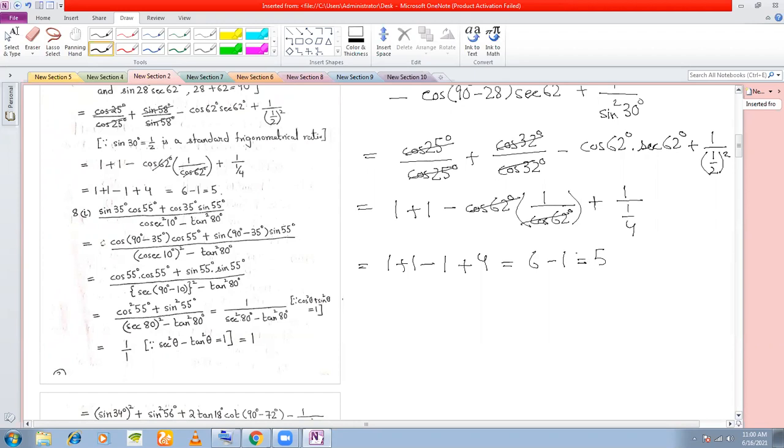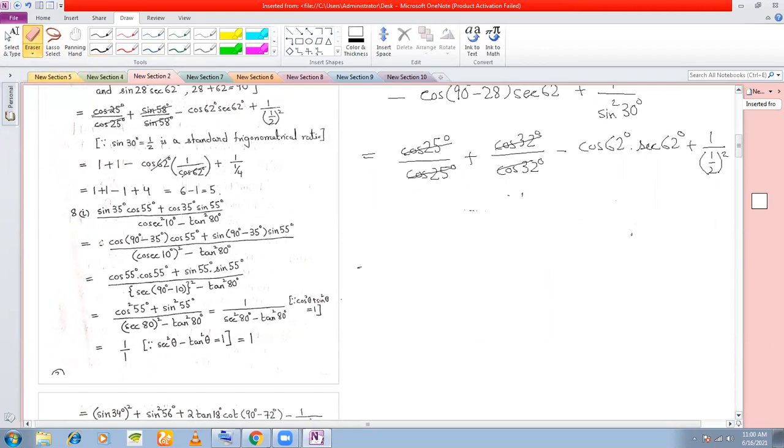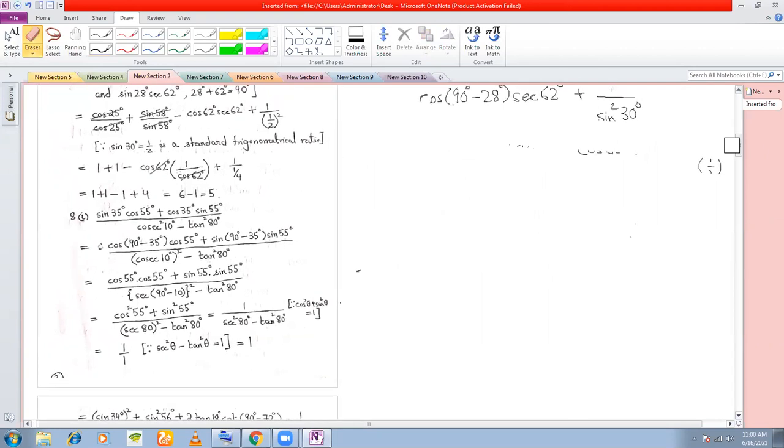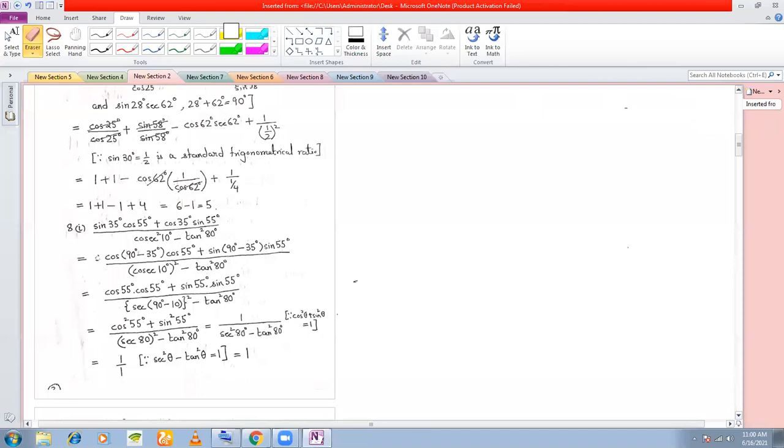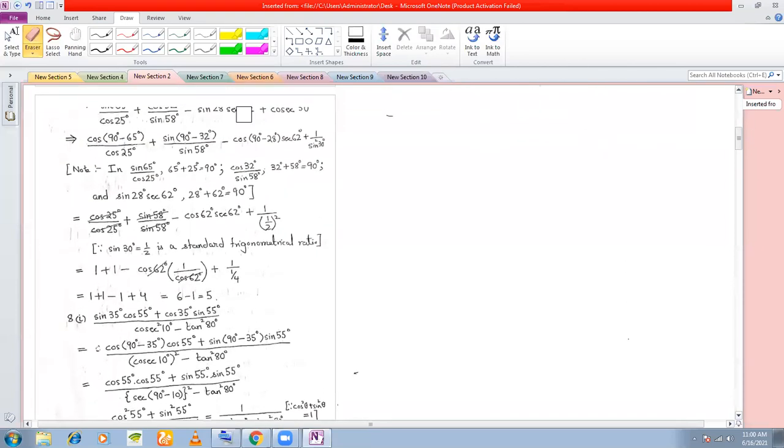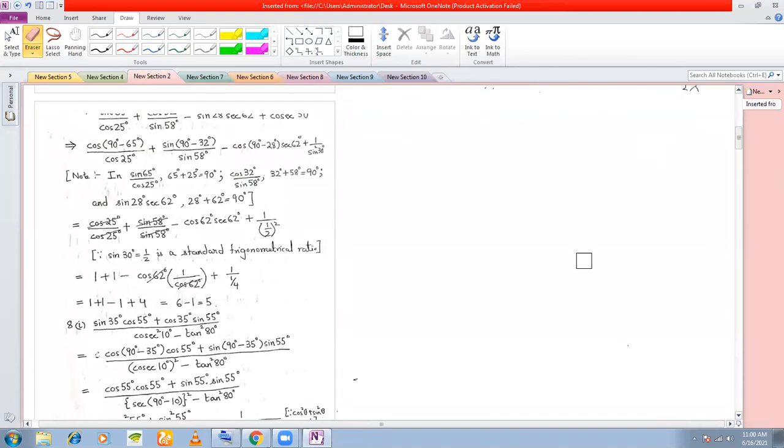You just need to identify the complementary angles. Also, just note one more thing. In the reciprocal relations, because sine and cosec are reciprocal, their product will always be 1.